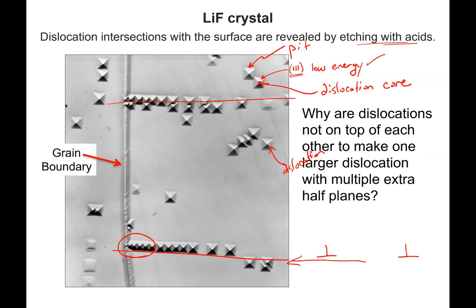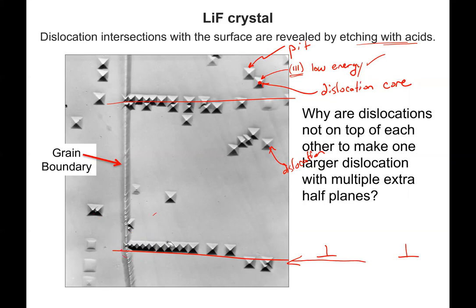And then as more and more dislocations come in, they're starting to sort of crush these dislocations together because they can't break free of this grain boundary. The problem is that the crystal on the right has a different orientation than the one on the left. And so these dislocations would have to change direction, and that's often difficult to do. And so they get blocked by this grain boundary.